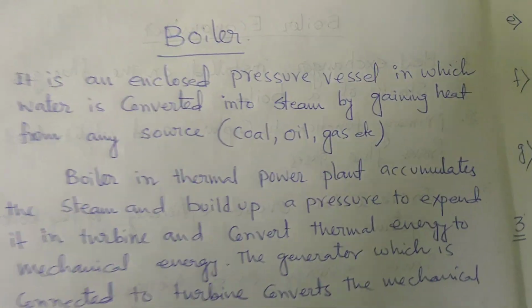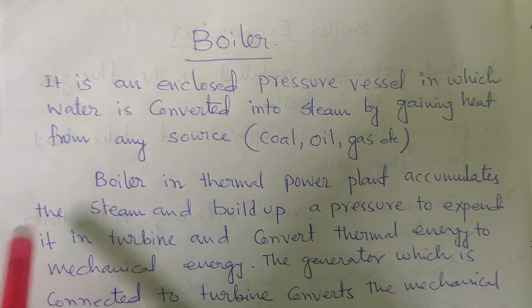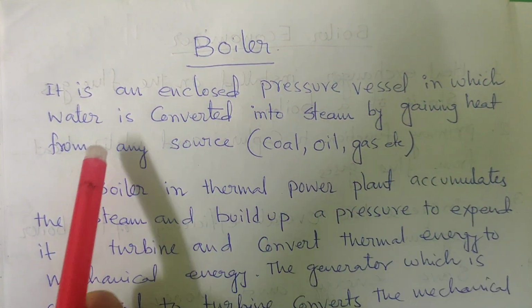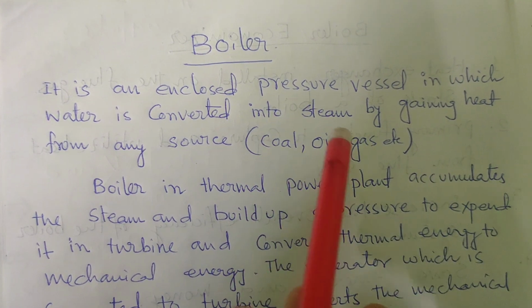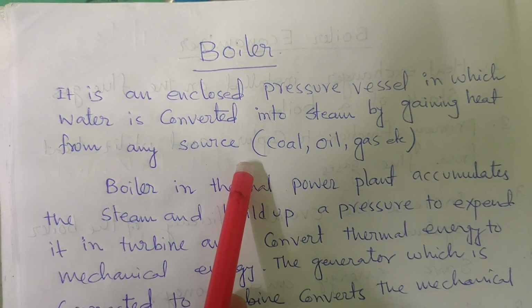So today my discussion topic is about the boiler. So what is a boiler? It is an enclosed pressure vessel in which water is converted into steam by gaining heat from any source.